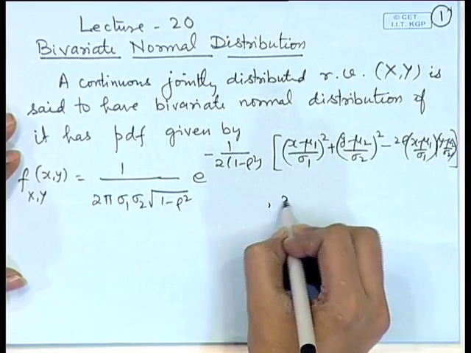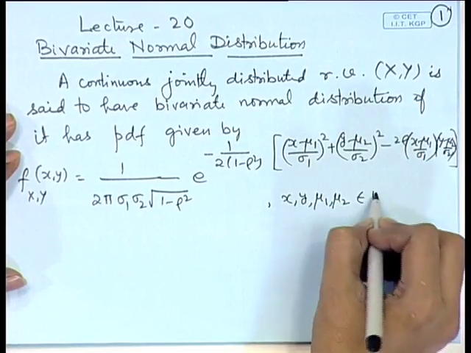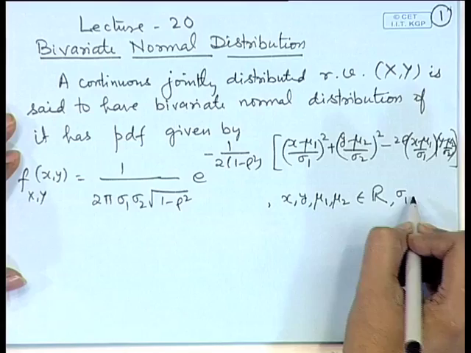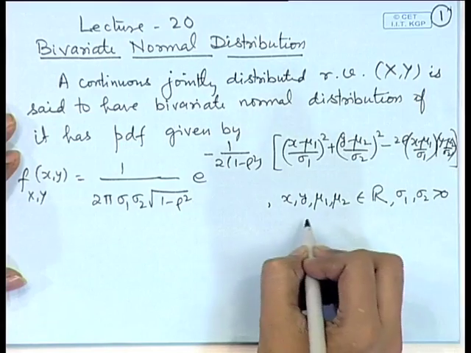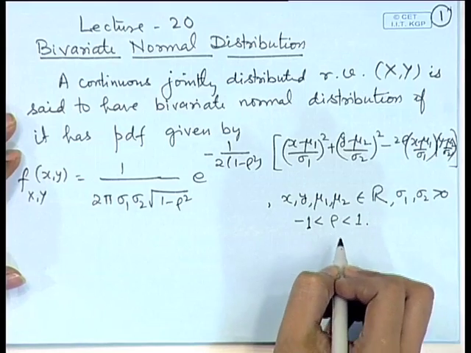Here the range of x, y, mu 1, mu 2 is the whole real line, and sigma 1, sigma 2 are positive and rho is between minus 1 and plus 1.